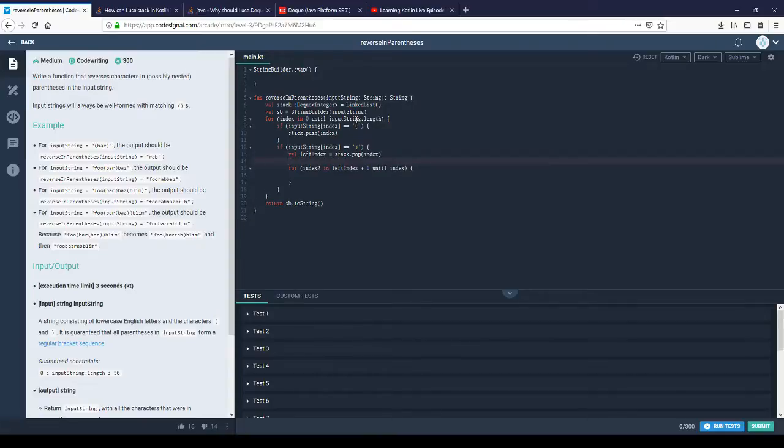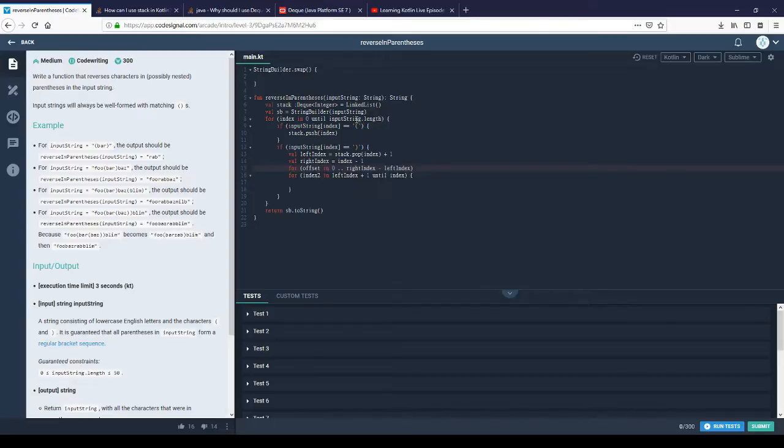Okay, so val left index equals plus 1 and val right index equals index minus 1. Now let's call it offset, from 0 up to right index minus left index.